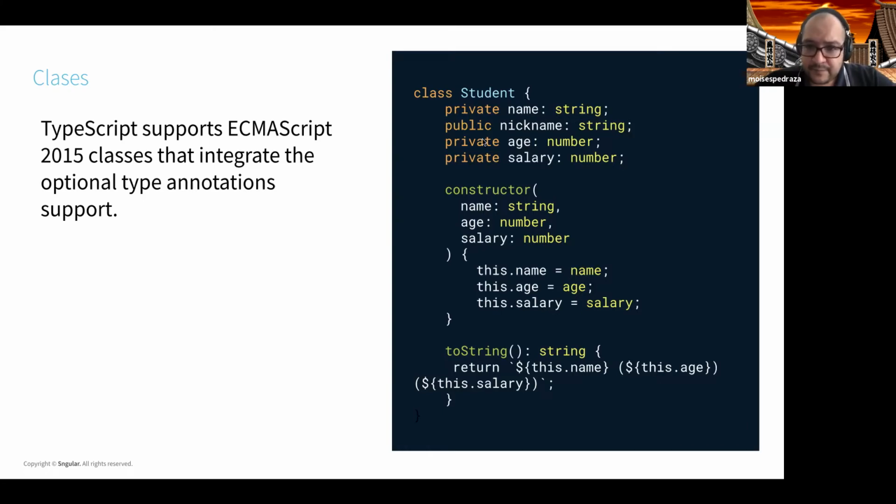We are creating the properties and assigning the values also inside the constructor and in the methods. When we are creating methods, we will need to specifically tell what we are returning. In this case, in the toString method, we are returning a string, the name, the age, and the salary. If we are not returning anything, that's when void comes handy. We will need to tell that it's void and we are not returning anything.